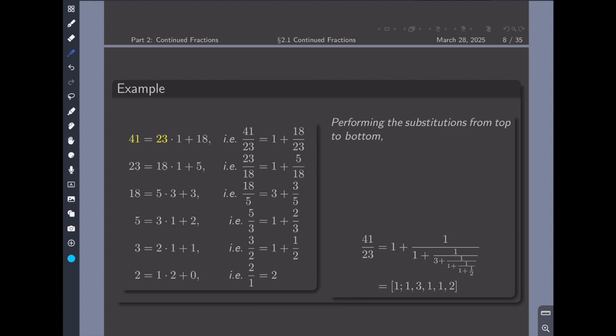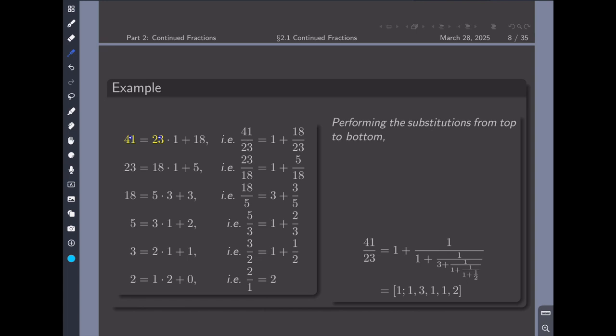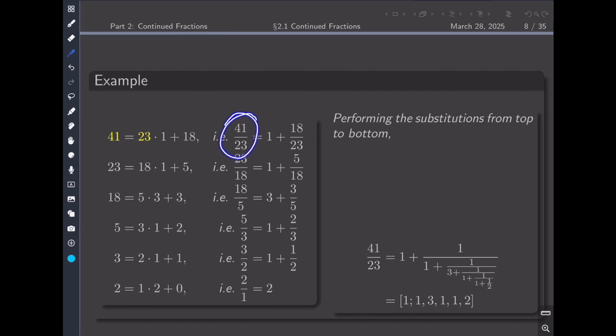In each of these equalities, it didn't matter whether 41 and 23 were coprime. So in the end, the substitutions will give you your rational number, even if it was not originally expressed as a reduced fraction.